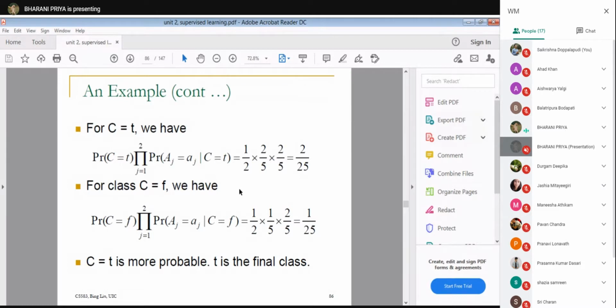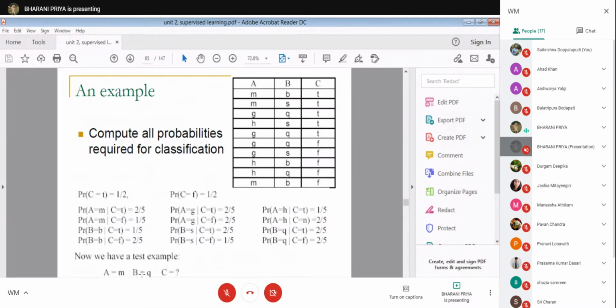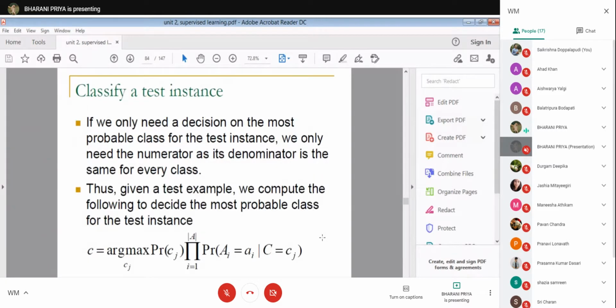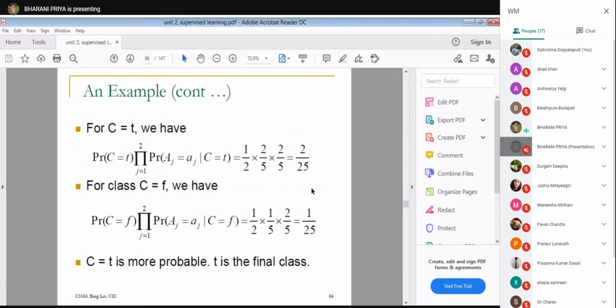When the class value is true, for A equal to M it is 2 by 5, and for B equal to Q it is 2 by 5. So 2 by 5 into 2 by 5, and what is 1 by 2? The probability of C equal to T. That is equal to 2 by 25.